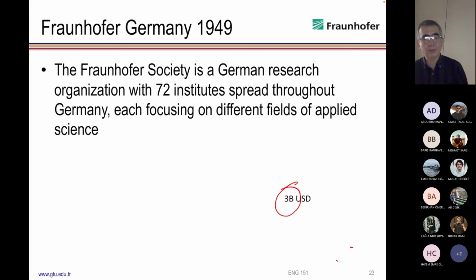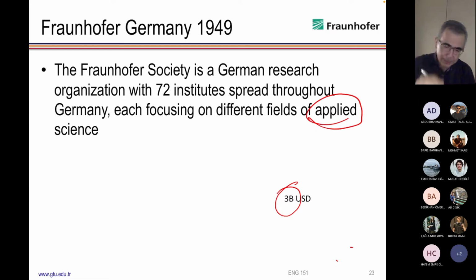Fraunhofer is a German research organization with 72 institutes spread through Germany, each focusing on different fields of applied science. It is for applied science, not theoretical science. Established in 1949 after the war. Again, for theoretical research, the Max Planck Society is there.